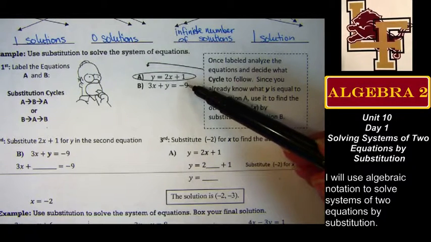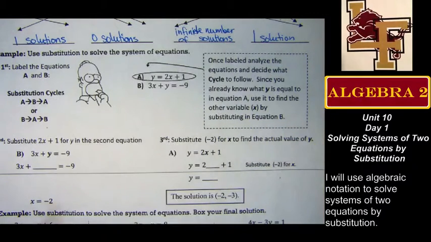Once you have that, step two is going to be substitute that equals stuff into the variable on the other equation. Solve that down to its variable. Then take that number and substitute that back into the very first equation that you started with. Solving that down for its variable gives you your final answer. Let's apply all three steps.